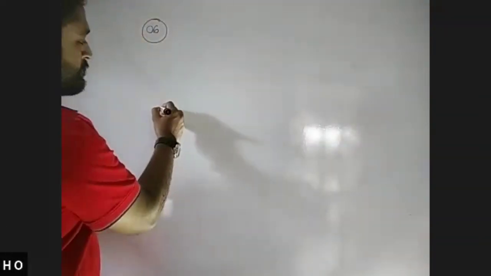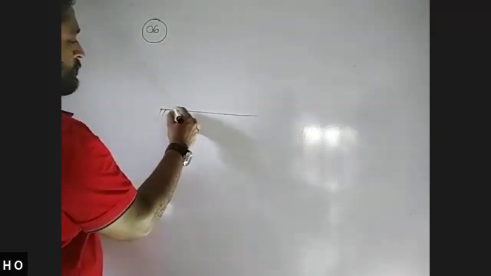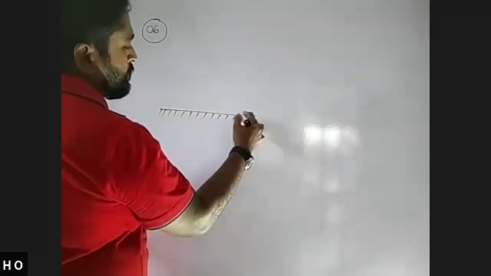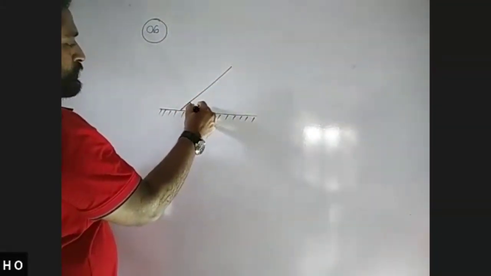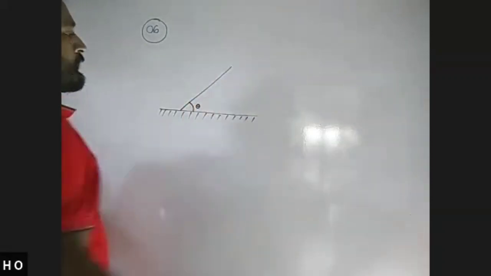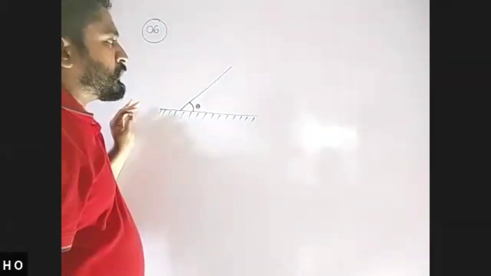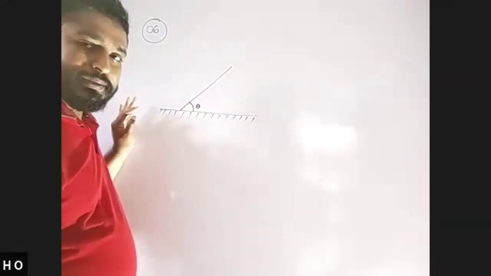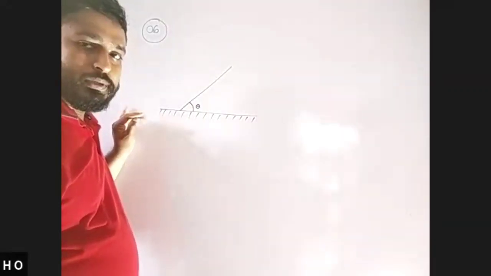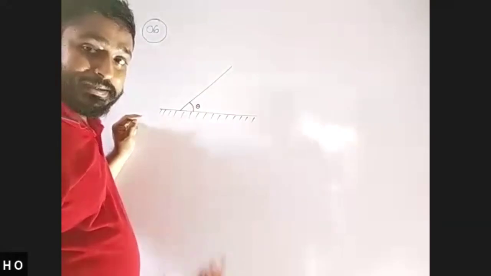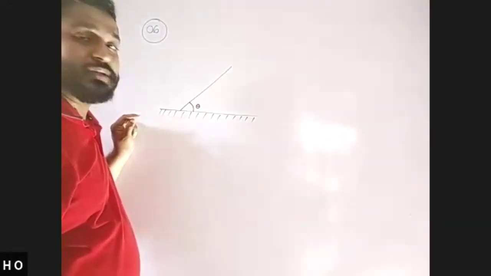So this is a rough horizontal plane. The rod is in equilibrium, inclined at angle theta to the horizontal. By the way, you can't keep the rod in equilibrium like this, so you have to have an external support. How have they given the external support? They have applied a string.